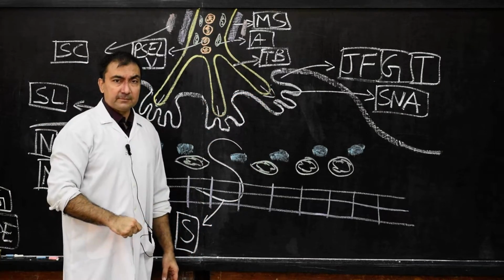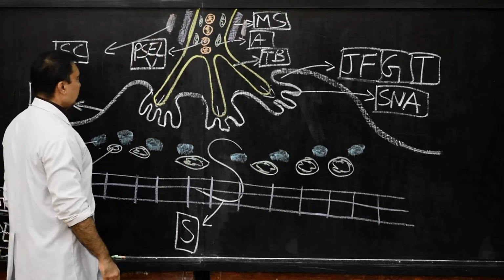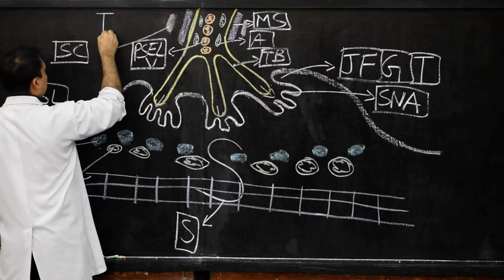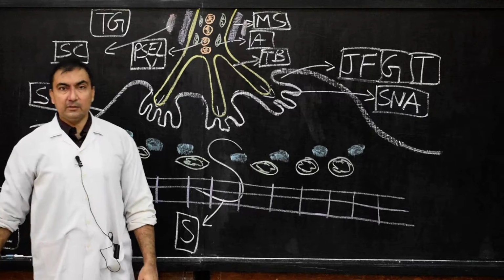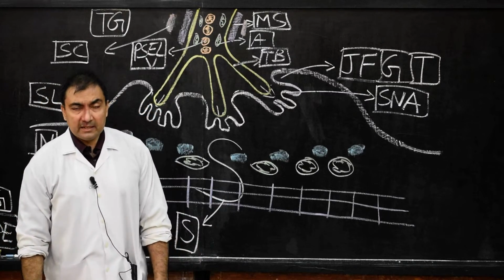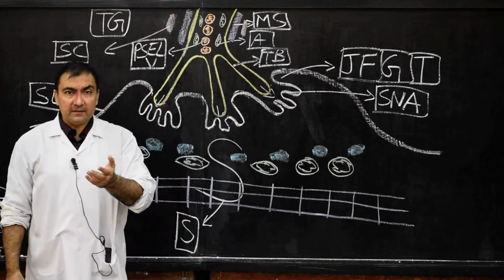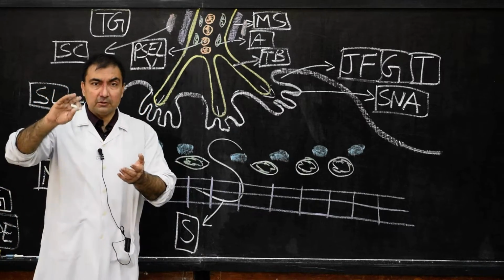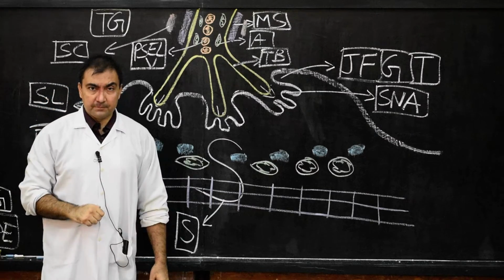And those extensions from the Schwann cells are known as teloglia. Please note down, this is a one-mark question answer. What is teloglia? T-E-L-O-G-L-I-A. They are extensions of the Schwann cells in the neuromuscular junction, where they will cover the junctional folds or gutters in the form of a lid-like margin.